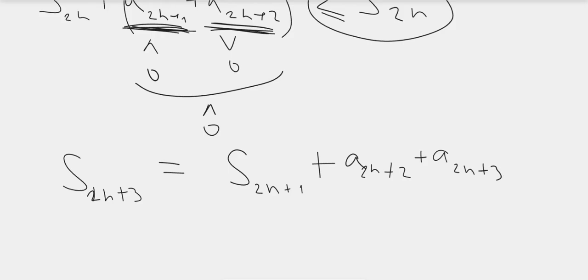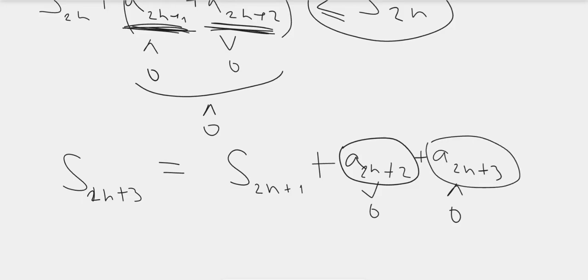So we see that this is greater than 0, this is less than 0, and again by absolute value the sequence is decreasing, so we added a larger or equal by absolute value positive number, and then a negative number which is smaller or equal by absolute value.